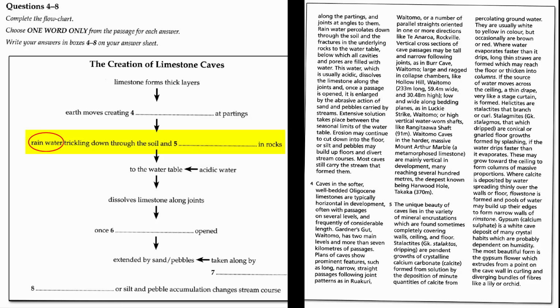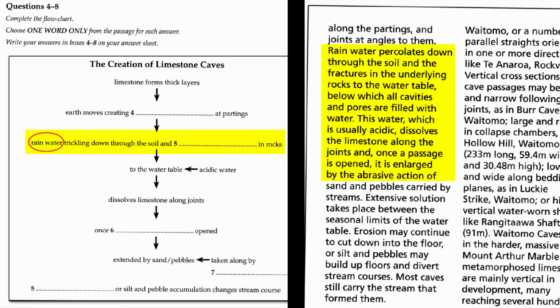So please follow me. I found this word rainwater in this paragraph. They say rainwater percolates down through the soil and the fractures in the underlying rocks. Now what do they say? Rainwater percolates down through the soil and the fractures in the underlying rocks. What's the question? Rainwater trickling down.